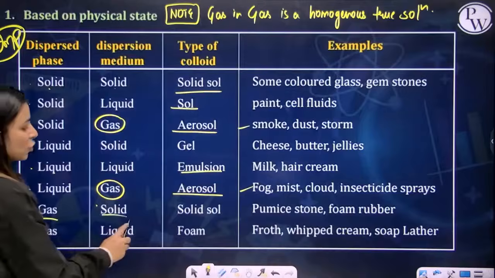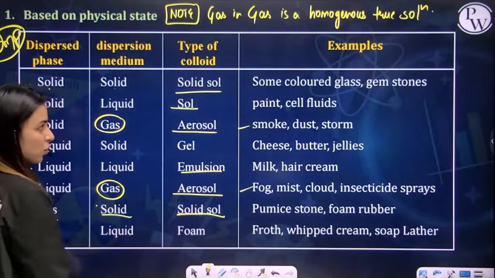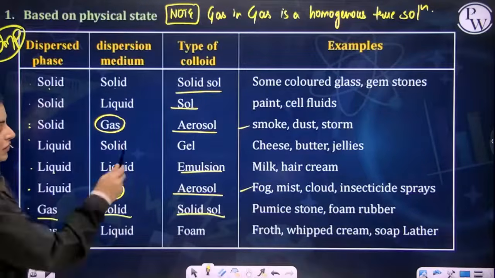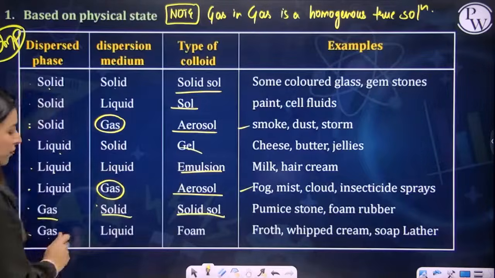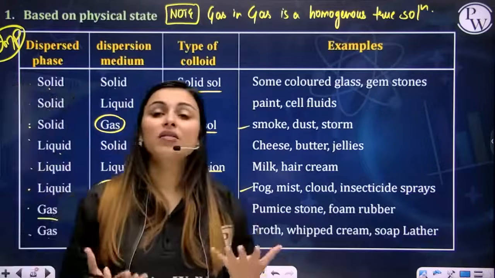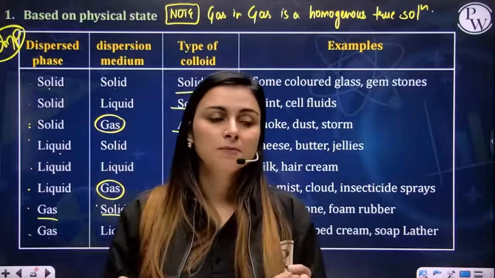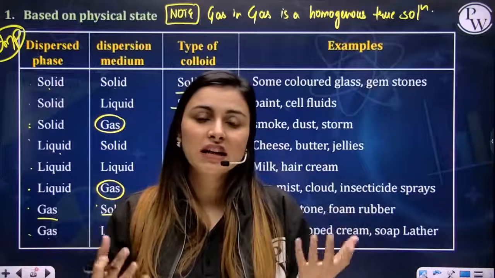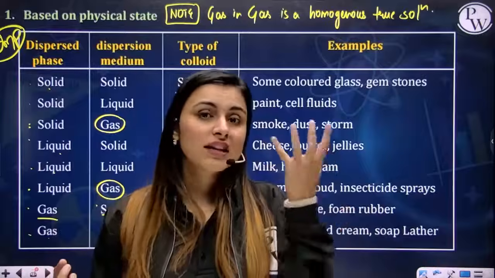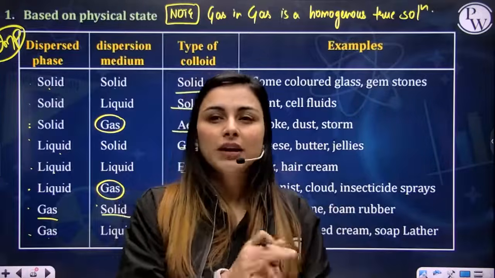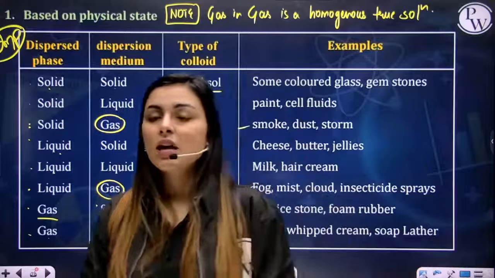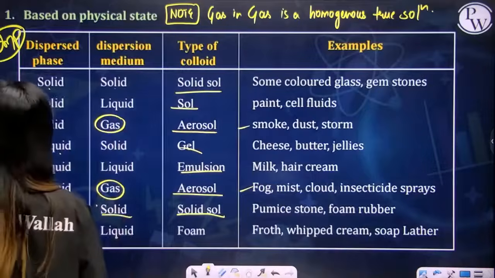If you have gas and solid, then it will be a solid sol. Okay. Yes. So my dear students, we have memorized all this. If you have liquid and solid, it will be a gel, and if you have gas and liquid, it will be a foam. You can remember the foam that is created when you take a bath, that is because you are using liquid, and the gas is getting trapped into the liquid and you get foam, right? Yes. So these are the few names which you need to memorize.